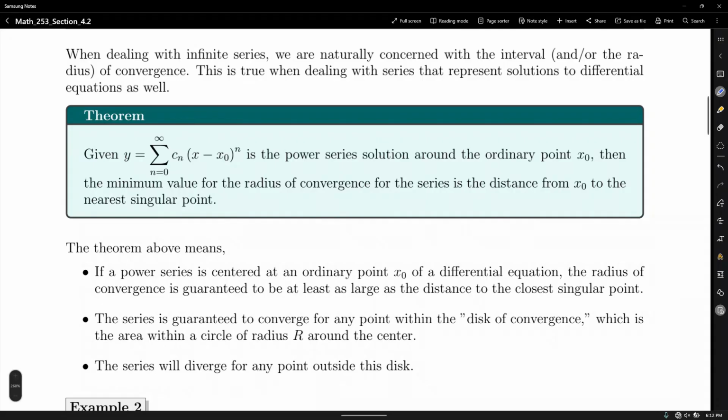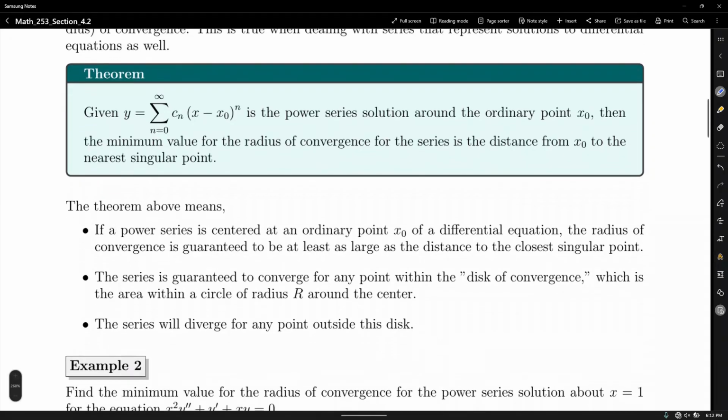What is this trying to tell us? This means that if a power series is centered at some ordinary point x naught of a differential equation, the radius of convergence is guaranteed to be at least as large as that distance to the closest singular point.